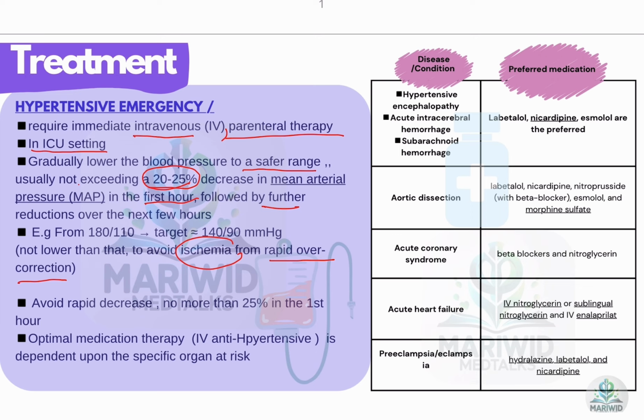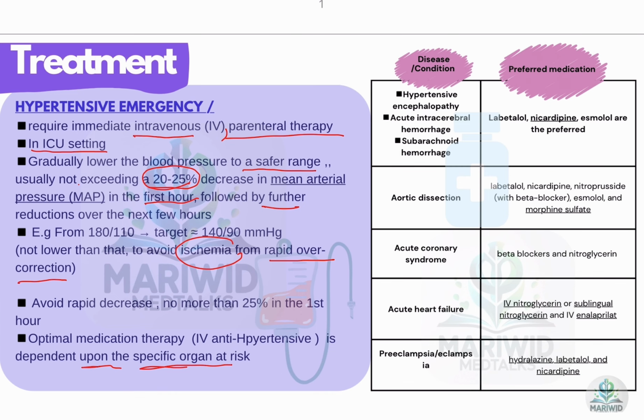Okay. Optimal medical therapy with IV antihypertensives depends on the specific organ. We have many different types of IV antihypertensive medication, but we have a preferred agent based on the involved organ.